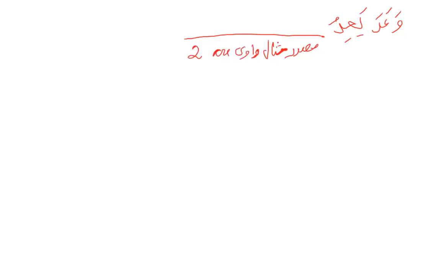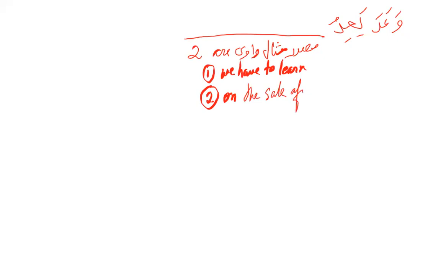The first one we have to learn. There are no set patterns for that. The second masdar is on the scale of ilatan.